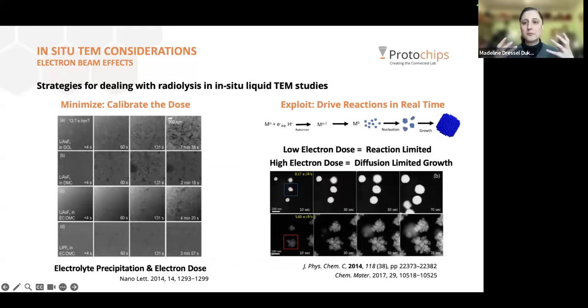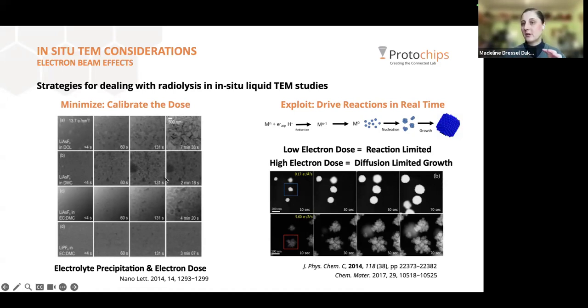And so there are really two strategies that people take depending on what they're trying to do. Either you minimize the dose to where it is not affecting the part of the experiment that you're interested in. An example here would be some work from Leila Mehdi and Nigel Browning's lab looking at the decomposition of different battery electrolytes and at what dose they start to see decomposition, see particle formation, things like that.